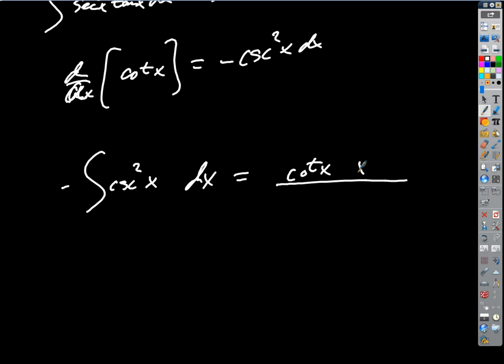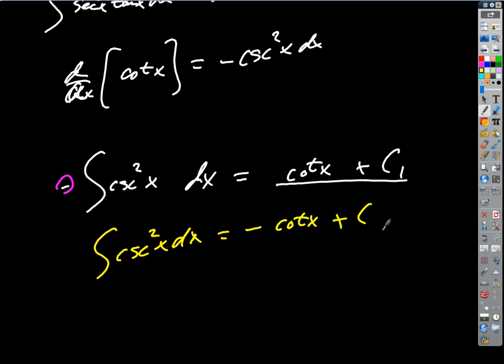cotangent x plus, I'm going to call it C1, but then we really would rather not have that negative out front, right? So what are we going to do? Multiply it through, right? And we end up with the antiderivative of cosecant squared x dx equals negative cotangent x minus C1, we'll just call it plus C, some other constant, right?